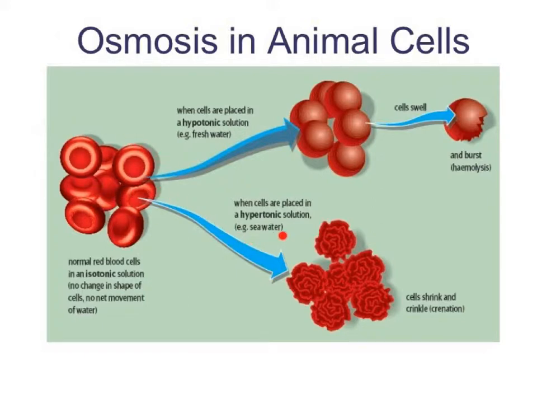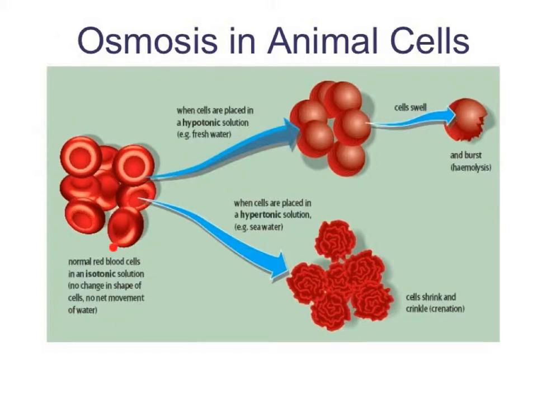If you put them into seawater, which has got lots of salt in it, so less water now, more salt, what happens is these cells will actually lose water, they shrink, and the posh word for that is crenate, and they just will scrunch up, a bit like sucking all the air out of a balloon.